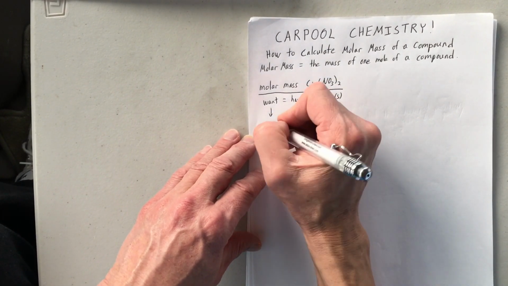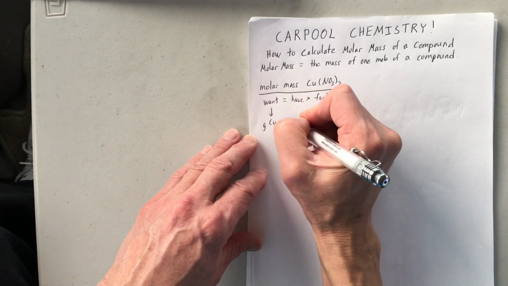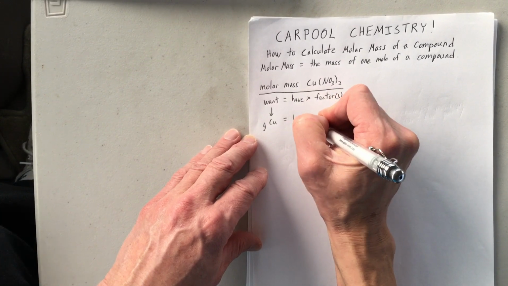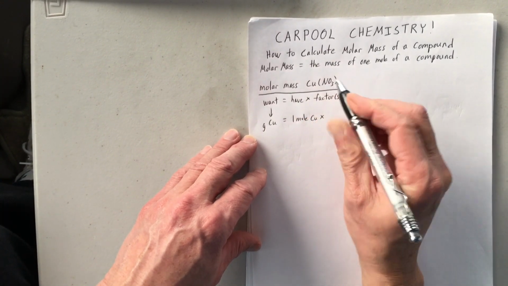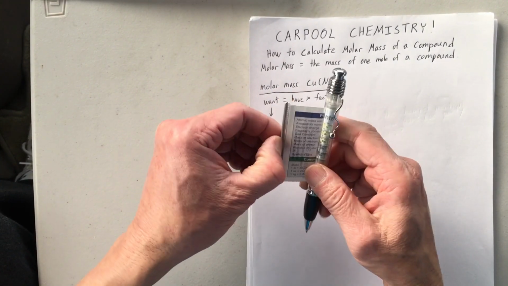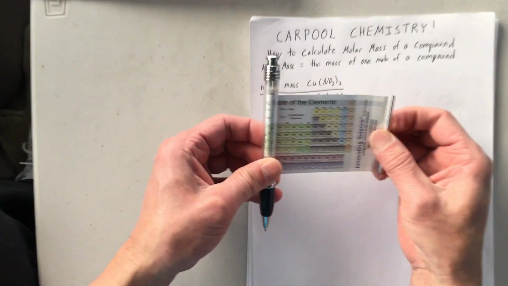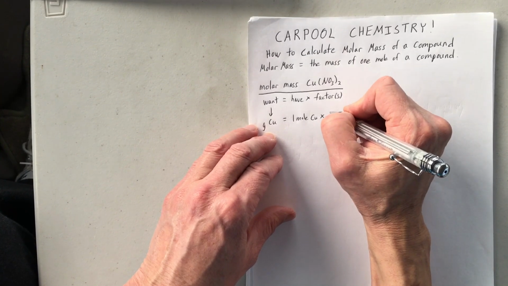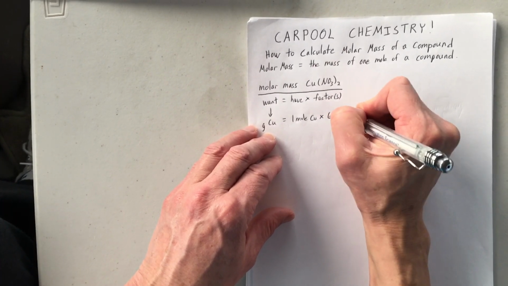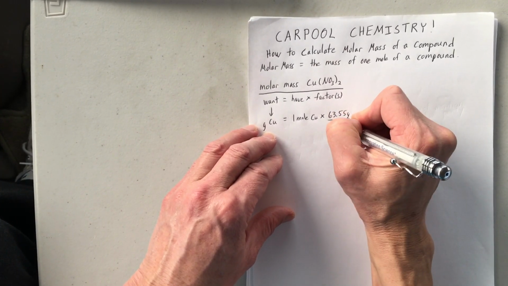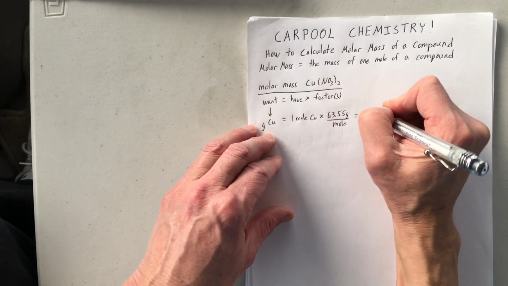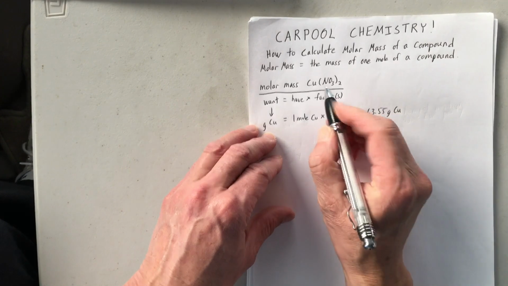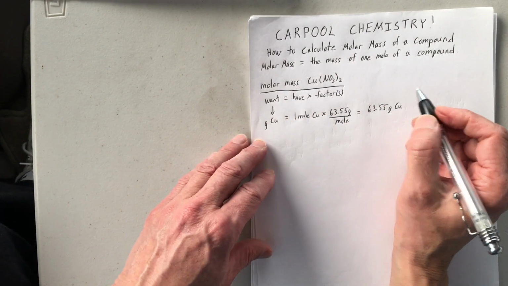For example, the grams of copper is equal to 1 mole of copper times, and of course from our periodic table, the atomic mass of copper is 63.55 grams per mole. Gives you 63.55 grams of copper in a mole of this copper nitrate.